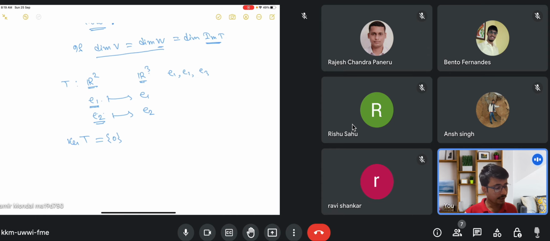And here we can see that T is not surjective. Why is it not surjective? Please give me an example.